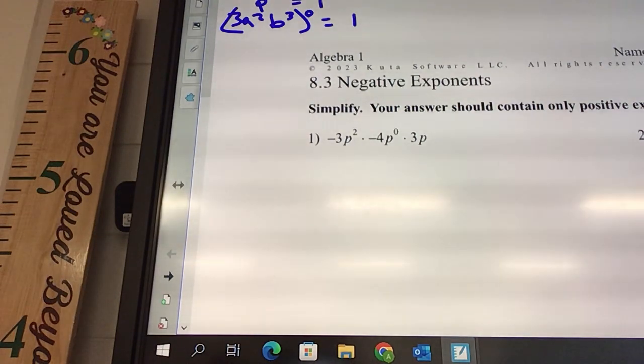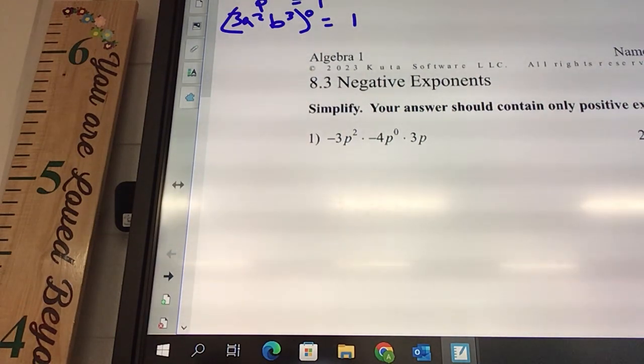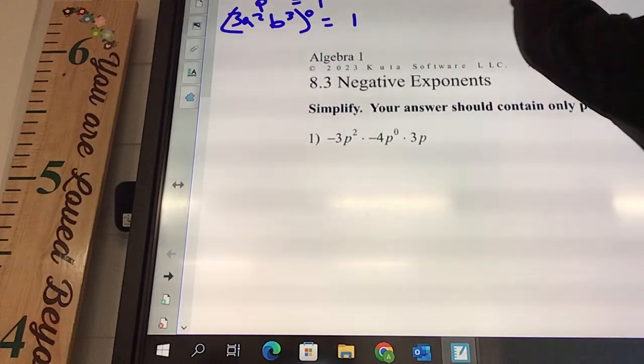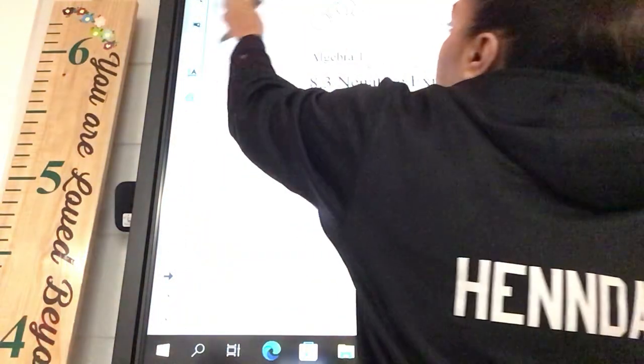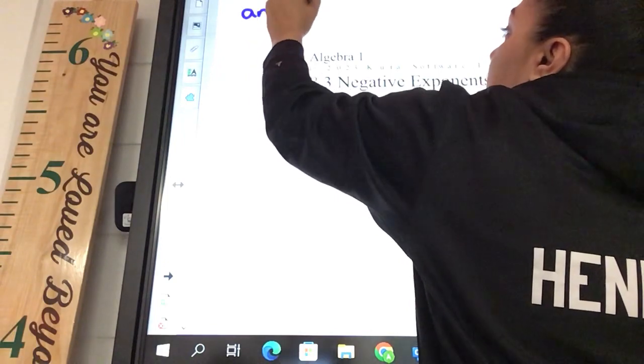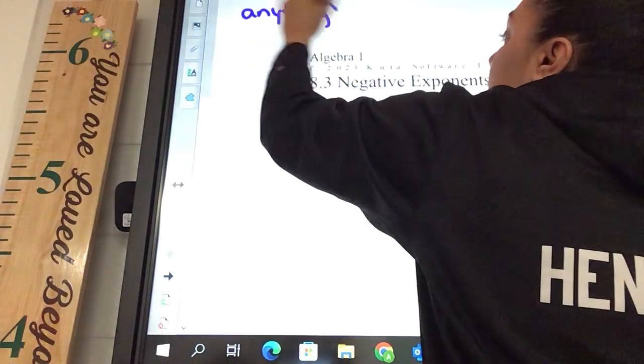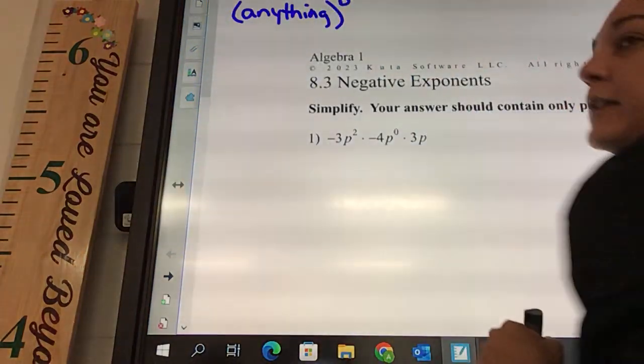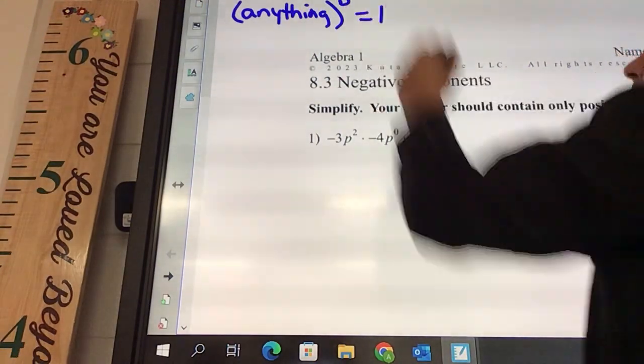If I had a all the way to z with a bunch of powers, it equals 1. So anything to the 0 power is 1. That's the first. Anything. It doesn't matter what it is, and it has a 0 power, it is 1.